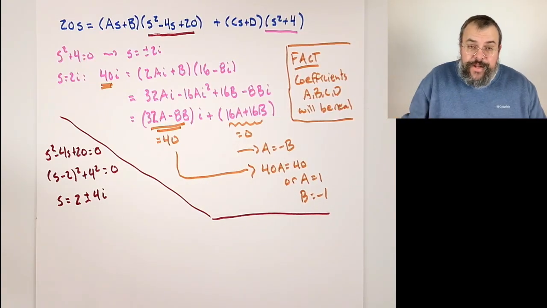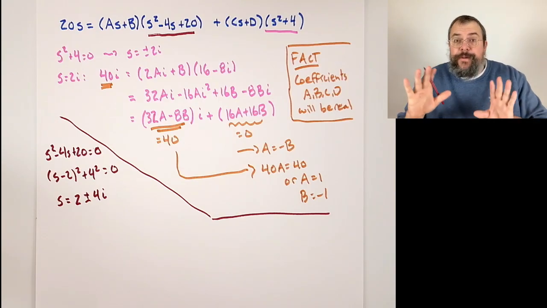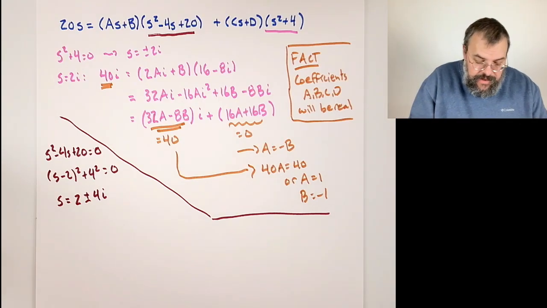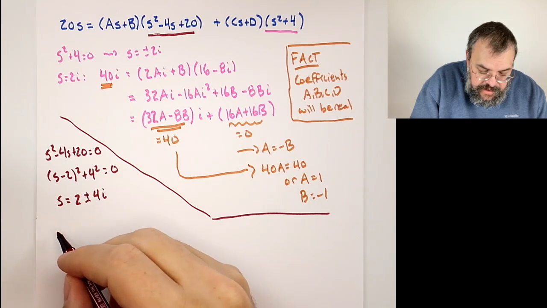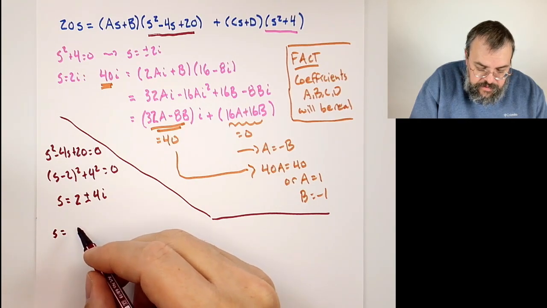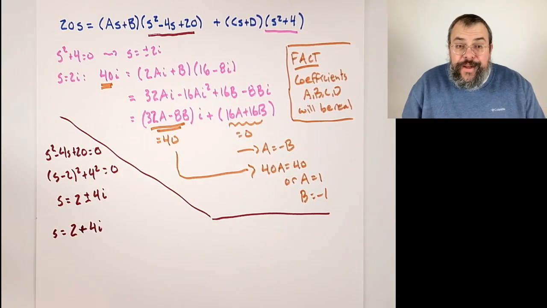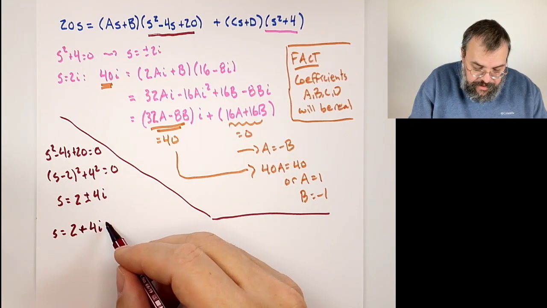So let's plug in. It doesn't matter which one we plug in, either 2 plus 4i, 2 minus 4i. You just pick one. So now we're going to plug in s equals, well, let's do the plus. I'm an optimist. I would rather do the plus. s equals 2 plus 4i.